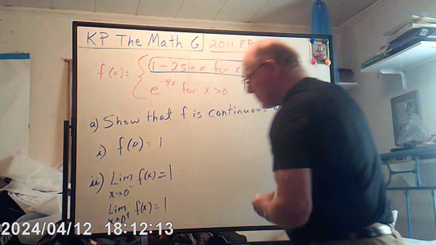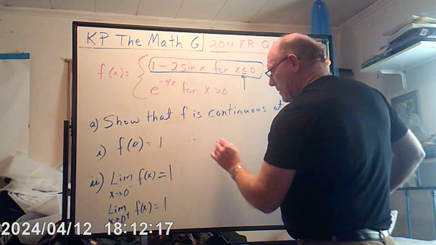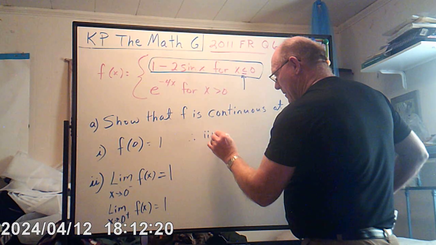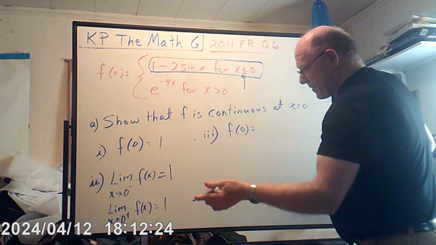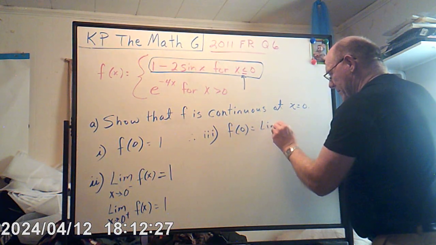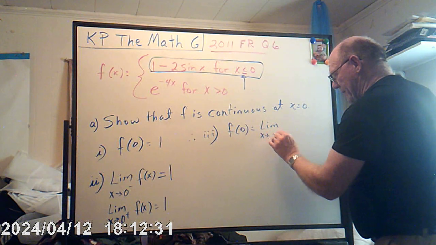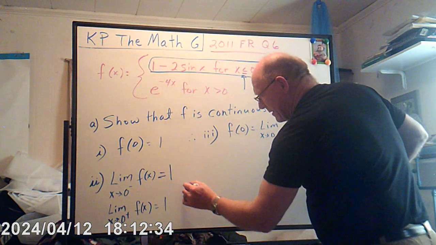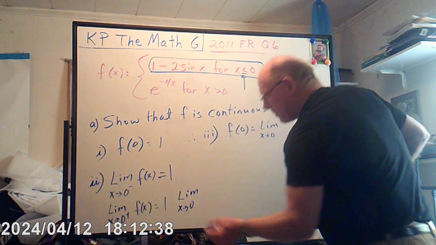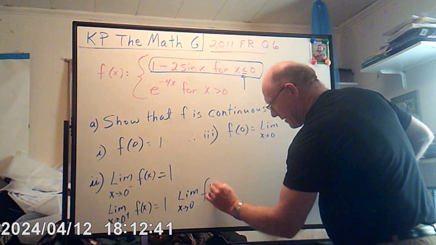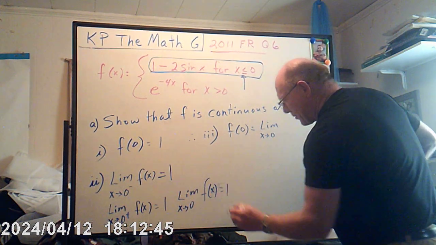So the third case then, therefore, number 3, f at 0. And you need to show this, and say now, you don't have to say left or right anymore. X approaches 0. So we can just say now the limit as x approaches 0, no plus, no negative, f at x equals 1.